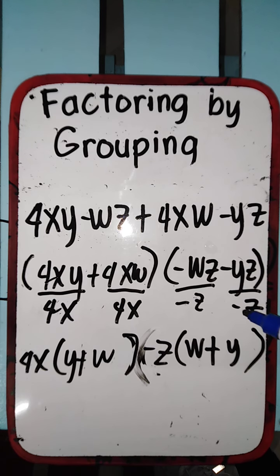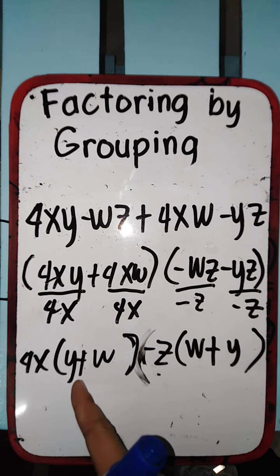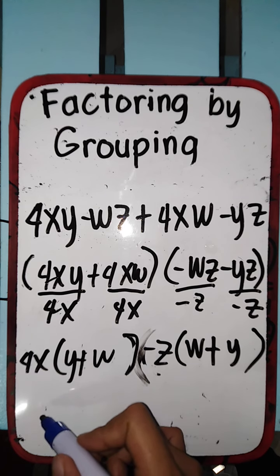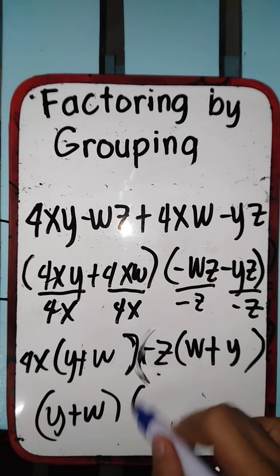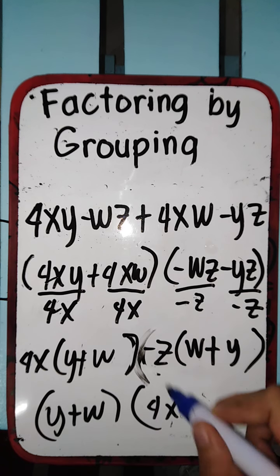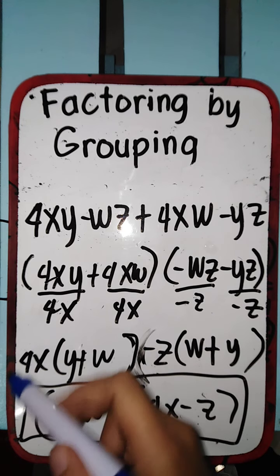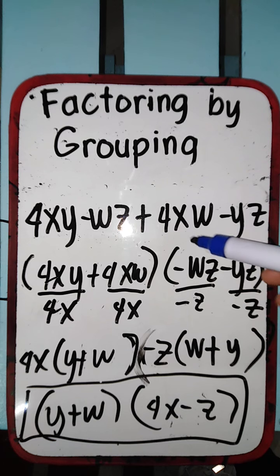So first we write the expression inside the parentheses. Our factor is y plus w and 4x minus z. So this is now the factor of the polynomial 4xy minus wz plus 4xw minus yz. Okay, that's all. Thank you.